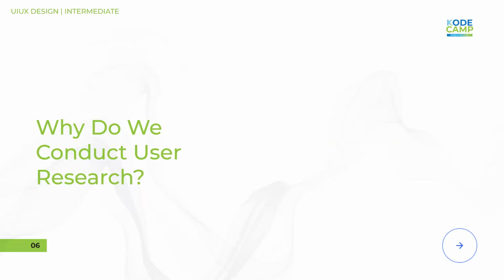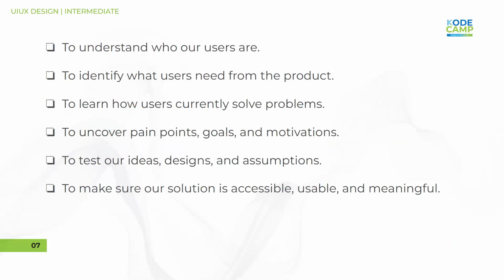So the next subheading here is, why do we conduct user research? Number one is to understand who our users are, to identify what users need from the product, to learn how users currently solve problems, to uncover pain points, goals, and motivation, to test our ideas, designs, and assumptions, and to make sure our solution is accessible, usable, and meaningful.